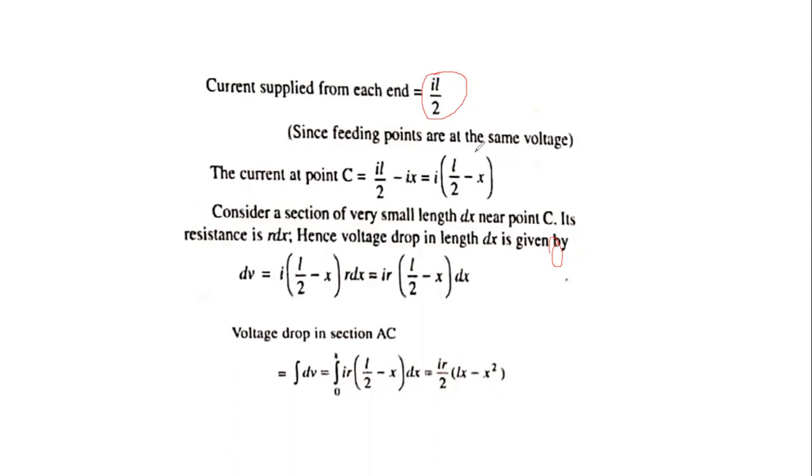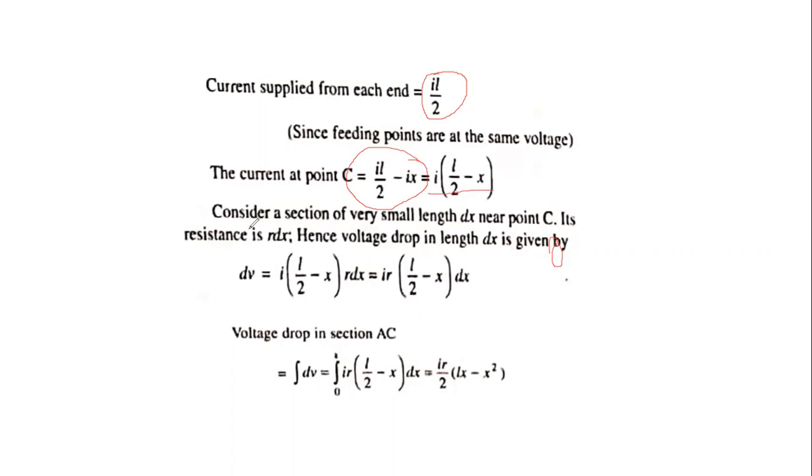Since the feeding points are at the same voltage, the current at point C is equal to IL by 2 minus Ix, where x is the distance from the point A to C. Taking I common, we obtain I into (L by 2 minus x).